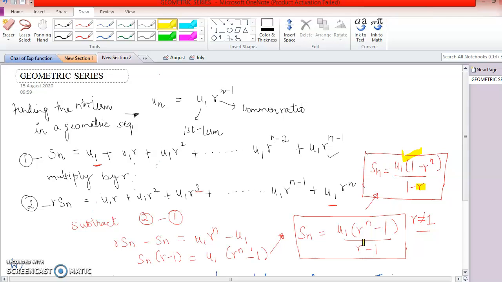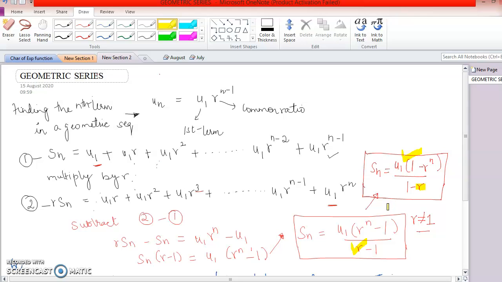When r is greater than 1, then it's easier to use the other formula. Again, for the convenience of our calculation, irrespective of whichever formula you use, you will get the same answer.